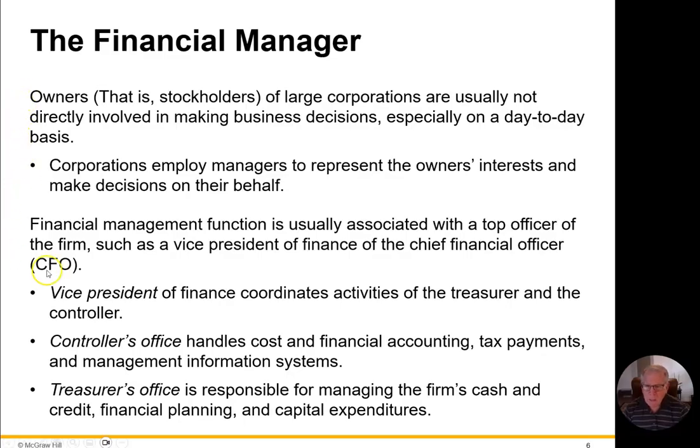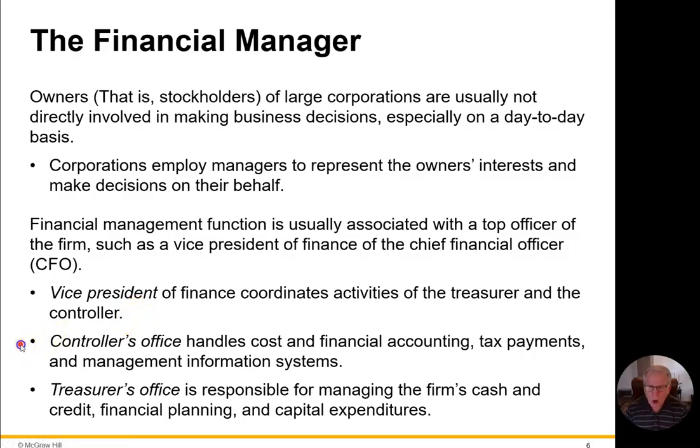And the vice president of finance coordinates the activity. I prefer to call this chief financial officer. Coordinates the activities of the treasurer and the controller. Okay, two branches of the financial arm of a corporation.